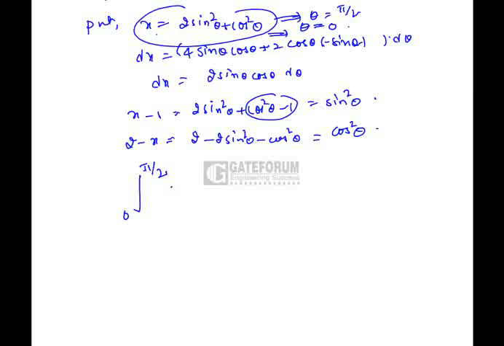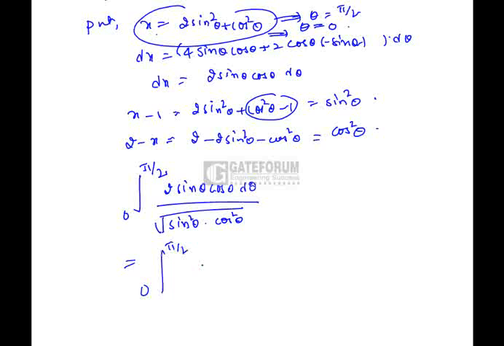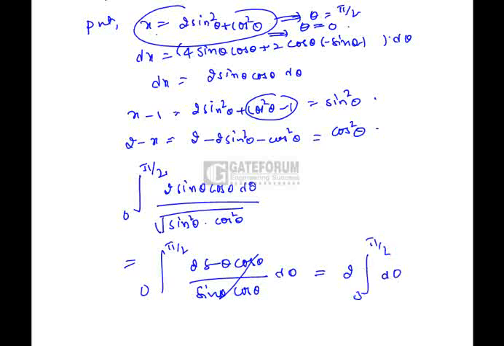And dx is 2 sine theta cos theta d theta, by root over x minus 1, which is sine square theta, and 2 minus x is cos square theta. This can be written as the integral from 0 to pi by 2 of 2 sine theta cos theta by sine theta cos theta d theta, which is nothing but 2 times the integral from 0 to pi by 2 of d theta, which is 2 into pi by 2. So the answer is pi, that is option B.